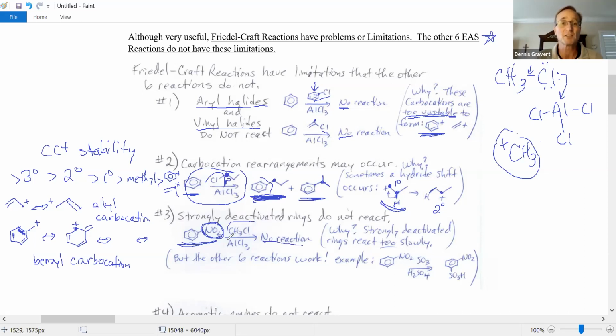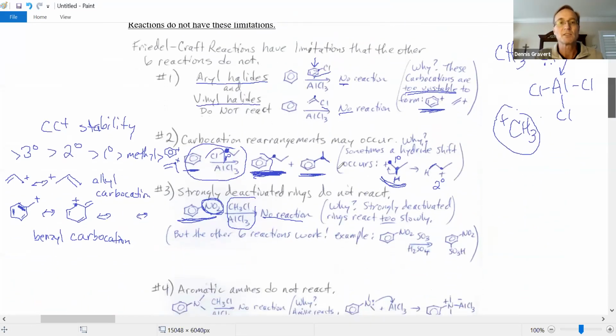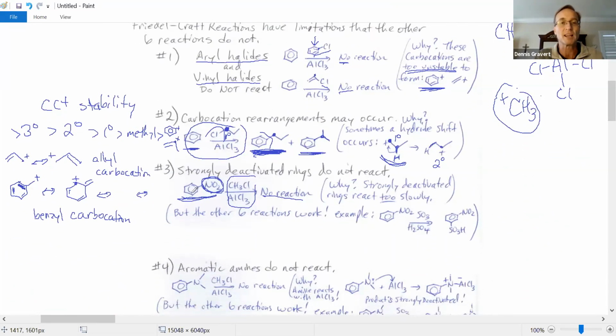And so remember these reagents? Those are the exact same reagents we had right here. If you take pure benzene, methyl chloride, aluminum chloride, it works. It makes toluene. Yeah, remember your common names. And that works just fine. But what happens if you start with nitrobenzene? If you start with a nitro group already on the ring, there's no reaction.